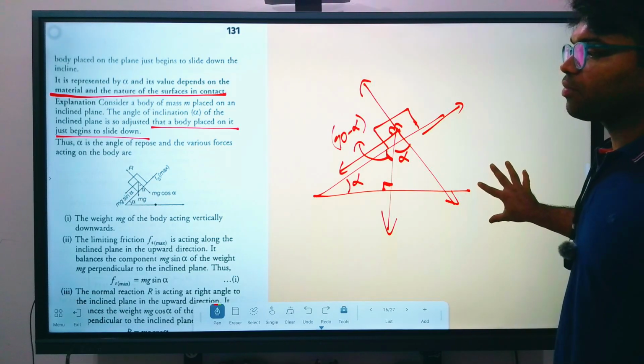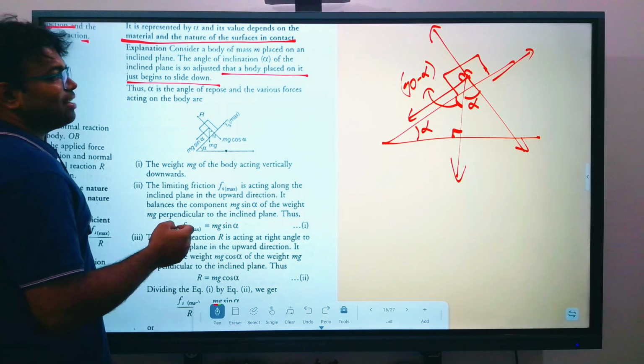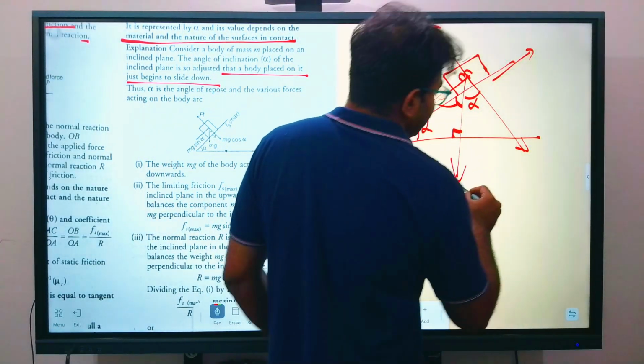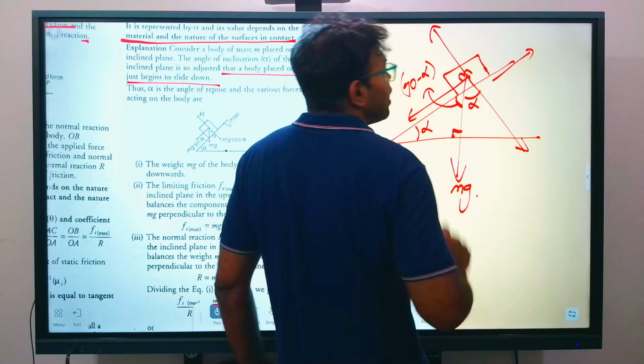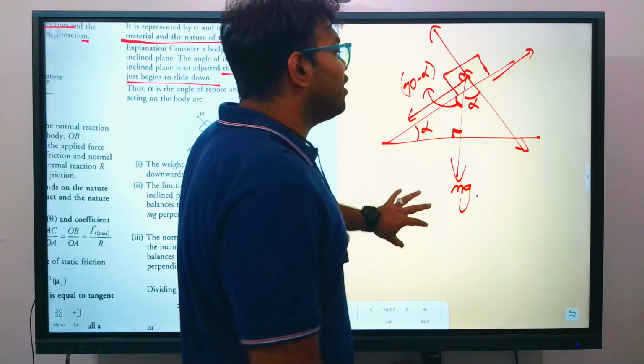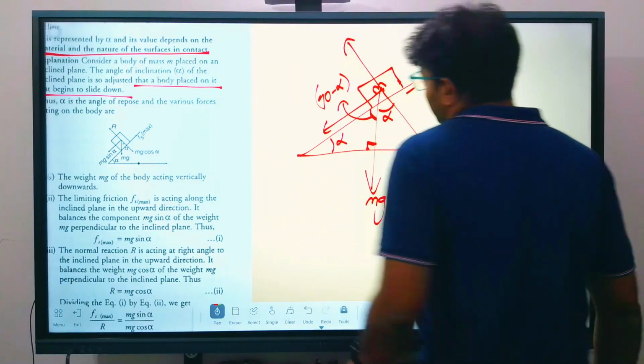Okay, so now let's analyze. Thus, alpha is the angle of repose, and these are the various forces. Now, Drupad, this is mg. Can I resolve the value of mg along two different axes, the horizontal and the vertical?